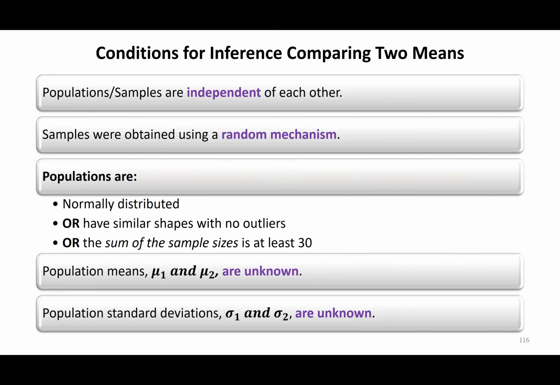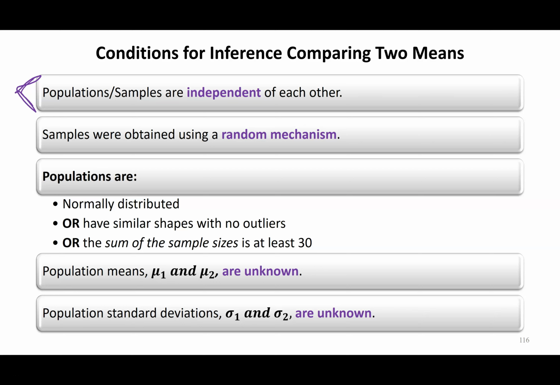So conditions. We're going to have conditions just like we have for any Z or T methods that we've used so far. Our first is that the populations or samples are independent of one another. What this means is whoever I am sampling from population 1 is not a candidate to also be in sample 2.